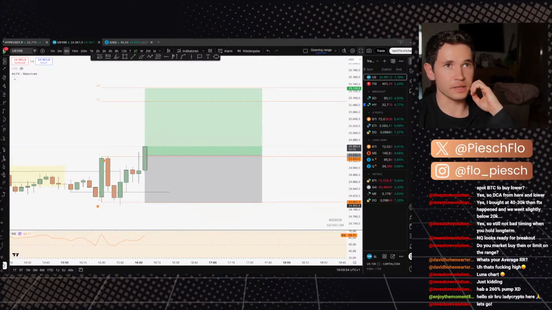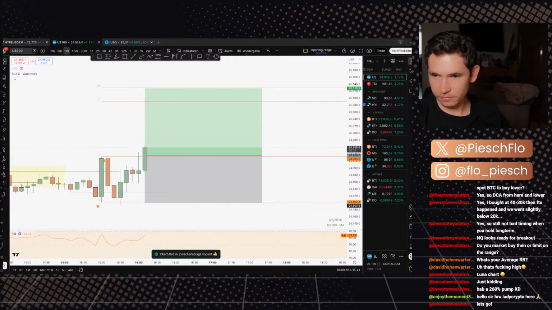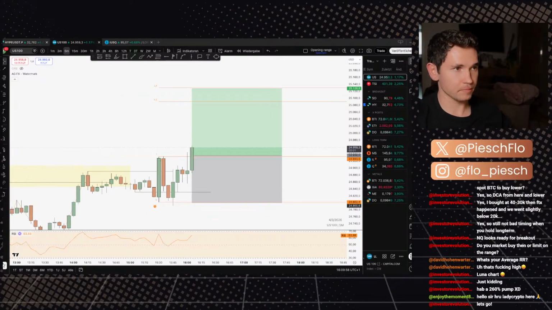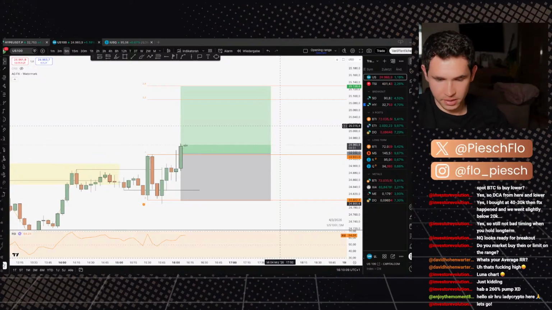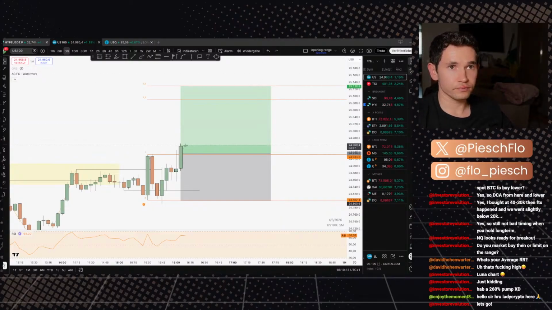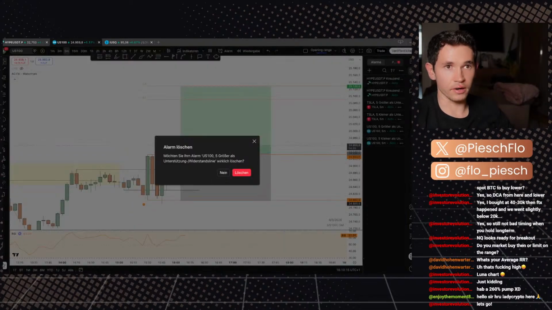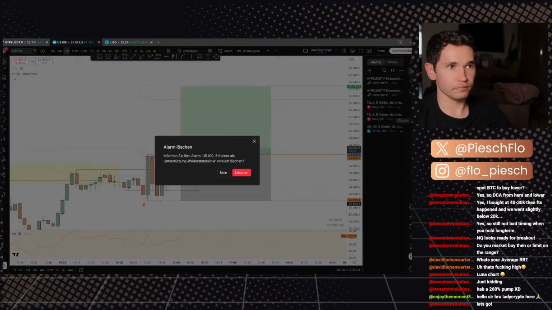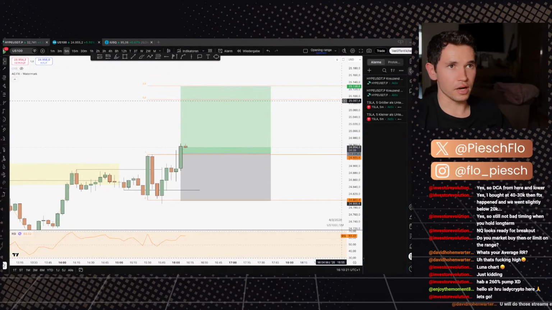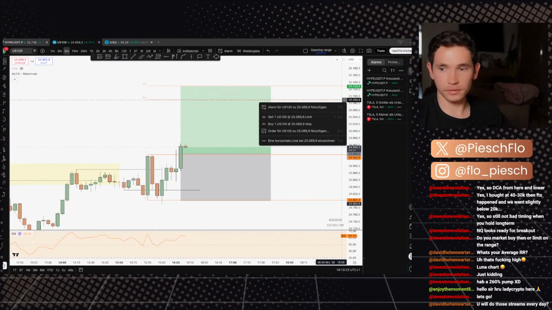Yeah, this looks nice. I will take this. Quickly entering it in my broker. Deleting the alarms as well. Setting an alarm at my break-even point.